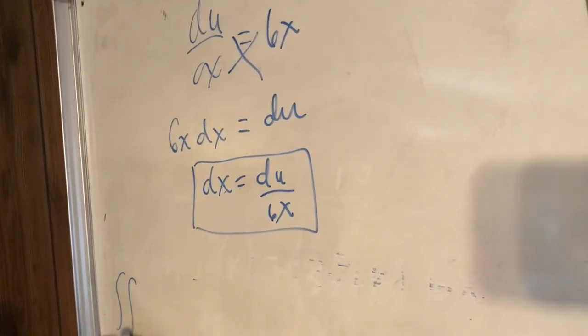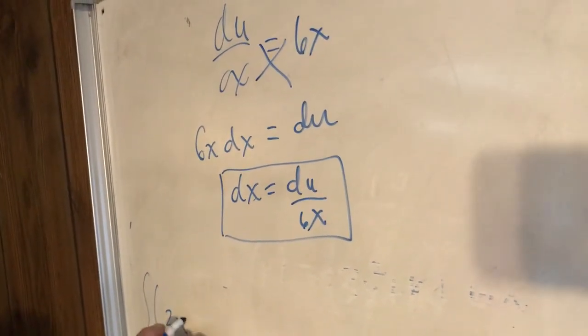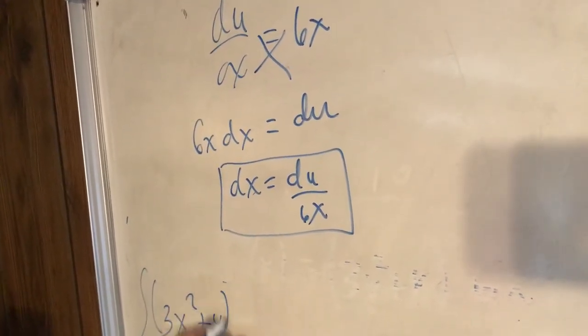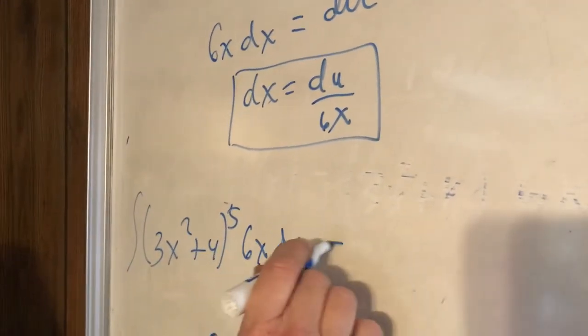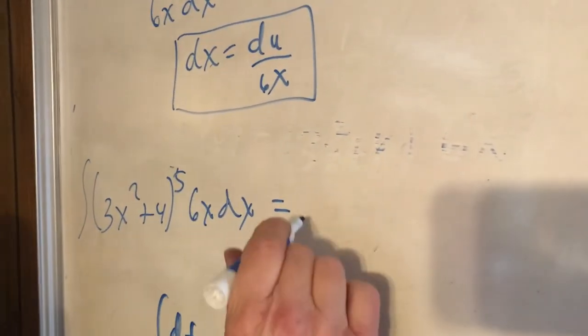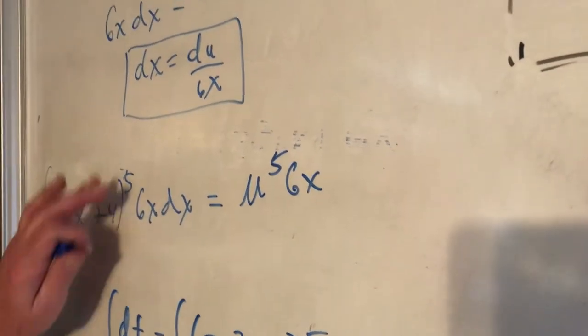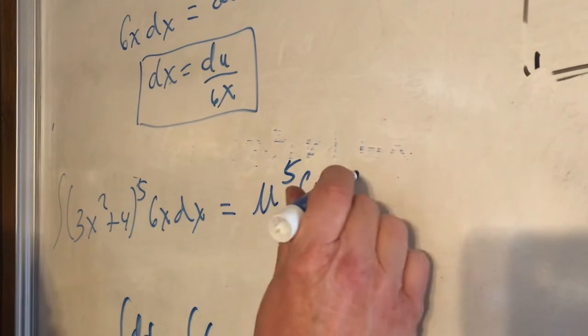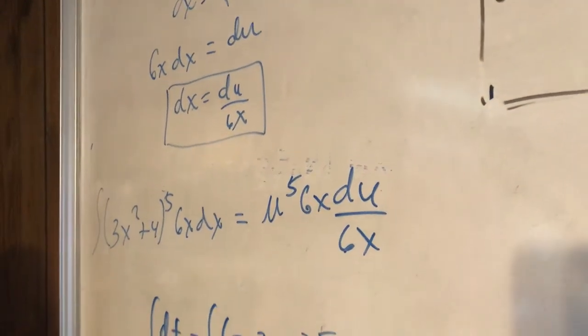So what I'm going to get here is my integral of 3x squared plus 4 to the 5th, 6x dx equals u to the 5th, 6x, substitute in for dx, du divided by 6x. What happens to the 6x?